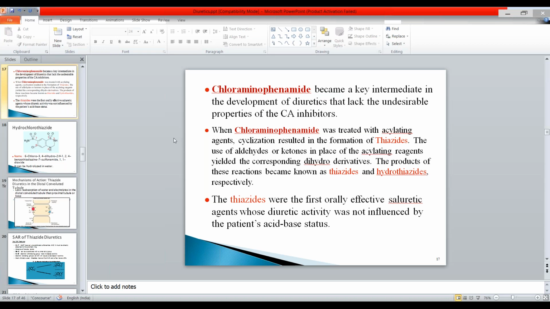Next point. Chloraminophenamide, when made to react with aldehydes or ketones, gives the corresponding hydrothiazides.